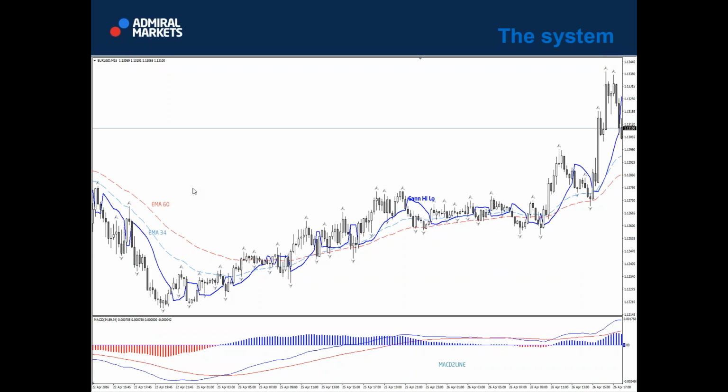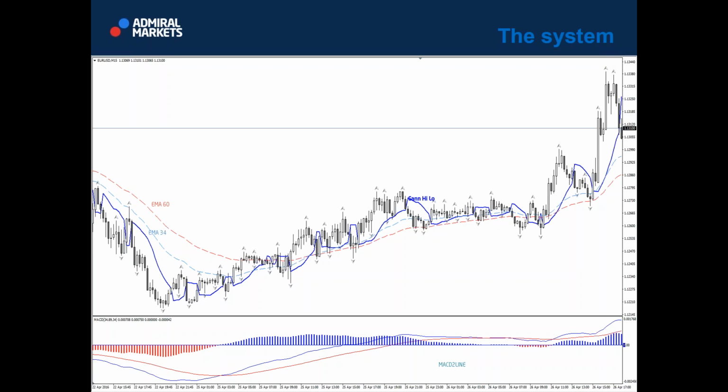In this case, EMA 60 is the long time frame trend, EMA 34 is the shorter time frame trend. So if you see that red is above blue EMA, we assume that the trend is to the short side. Conversely, if blue is above red, we assume that it's a long trend. So these EMAs will signal higher time frame direction, and you cherry pick your entries on the 15-minute time frame.